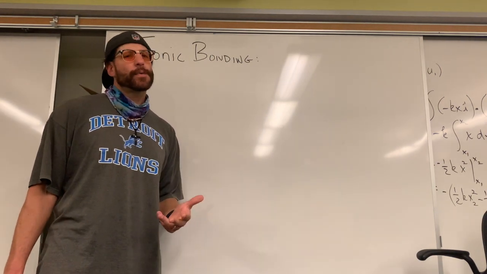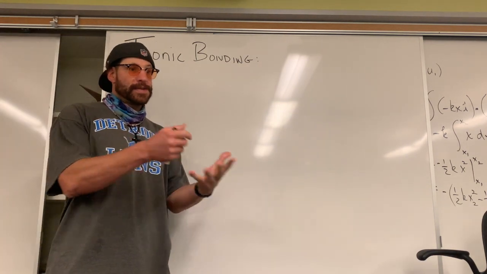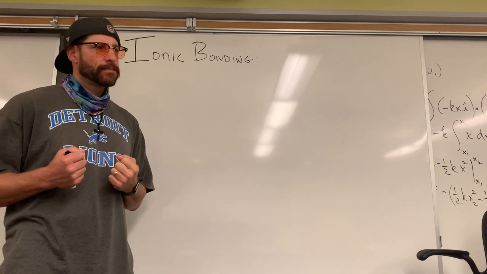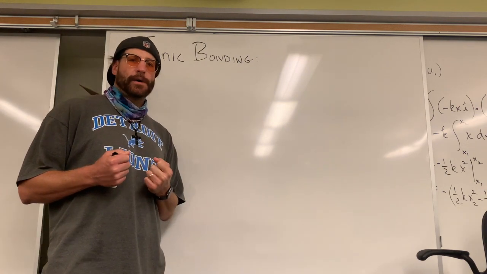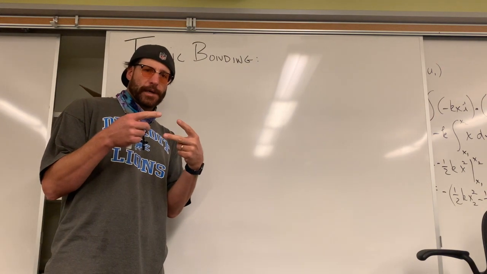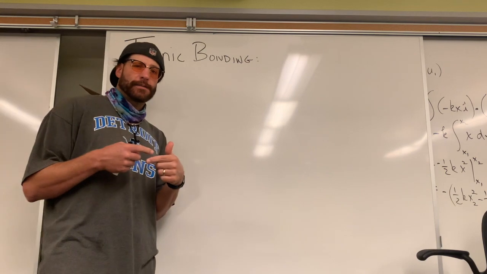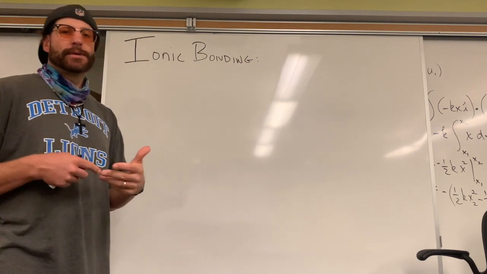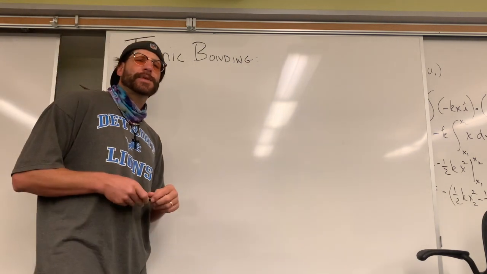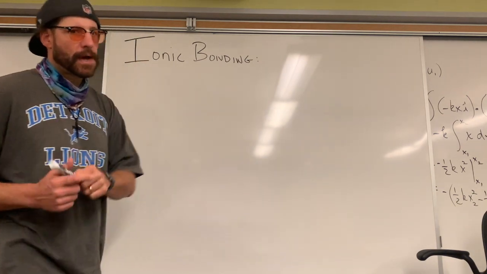And there's a lot of different ways we can get a full valence shell. We can have one thing take electrons from something else. We can have two different kinds of elements share electrons to complete a valence shell. We can have two of the same kind of elements share electrons to complete a valence shell. So there's a lot of different things that happen. Ionic bonding discusses one kind of way that we have.